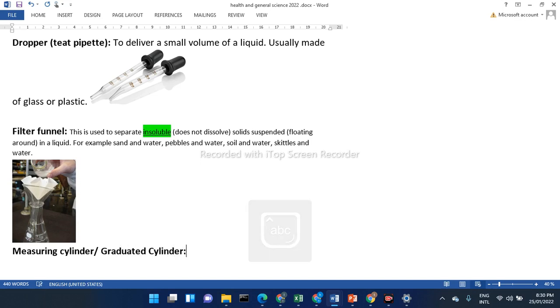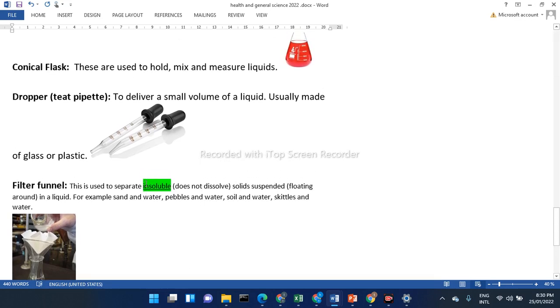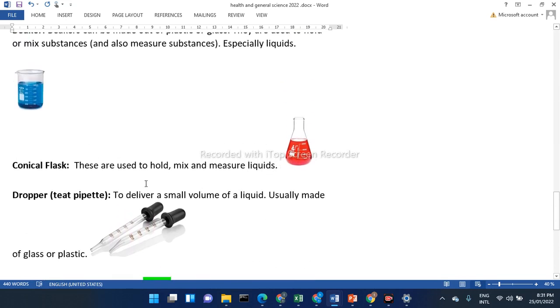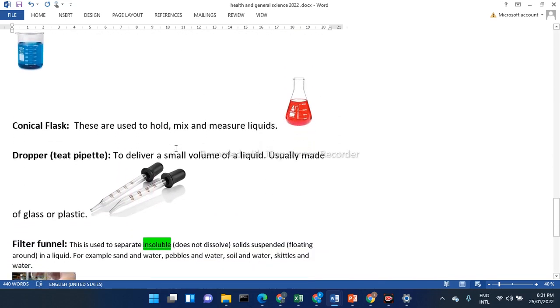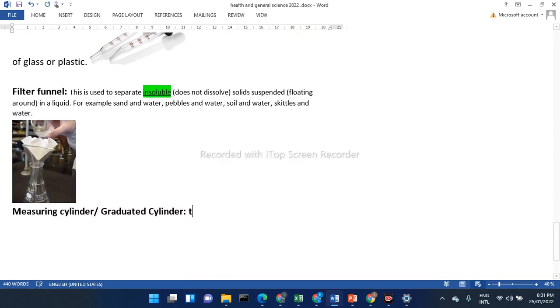For the same thing we use the beaker and conical flask for: we use them to hold, mix, and measure liquids.